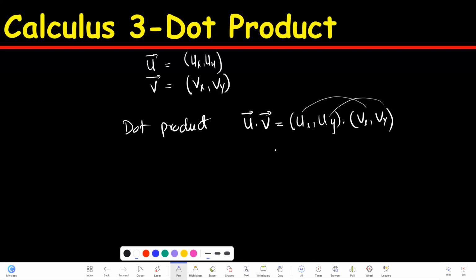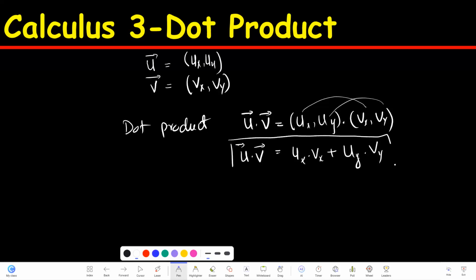So it's going to look like this: ux times vx, plus uy times vy. That's pretty much what we got.